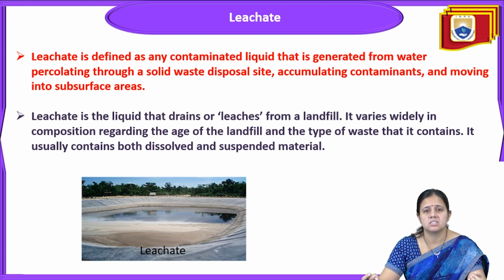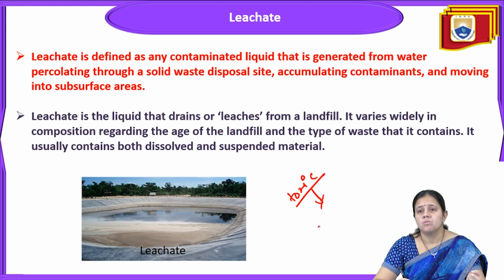During the rainy season, the liquid will start percolating from the solid waste and enter either the groundwater or the subsurface areas. This leachate is very toxic in nature because it has a very high concentration of ammonia.